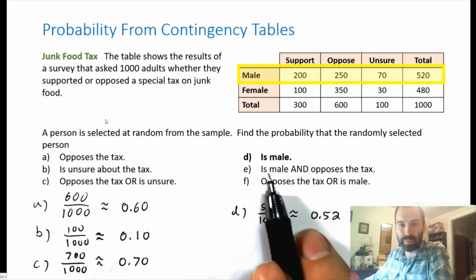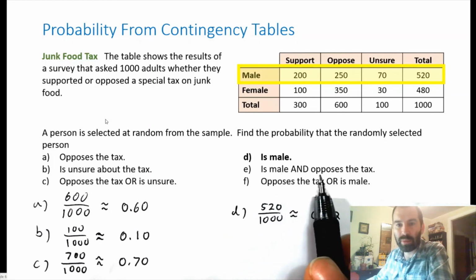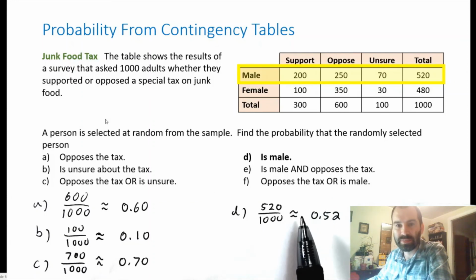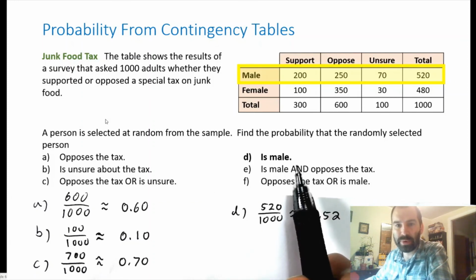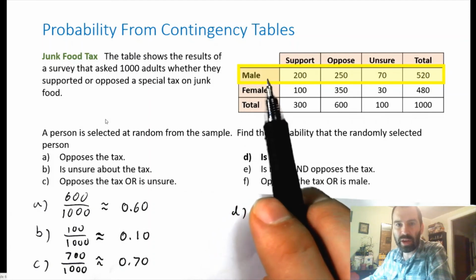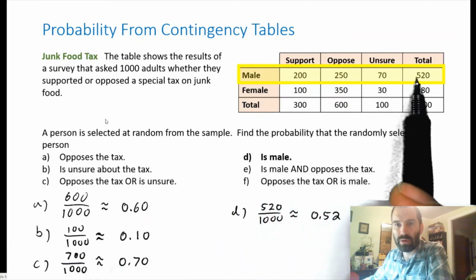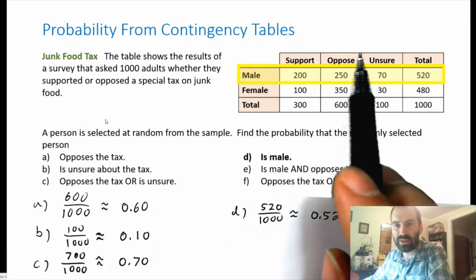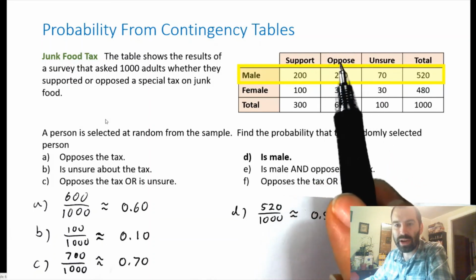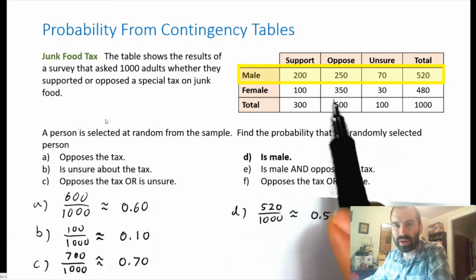Okay, what about the next one? Is male and opposes the tax. So not only are they male, not only are they in this row, but they're also in this column, right? So they're actually in the intersection of this row and this column, which means they're right here.